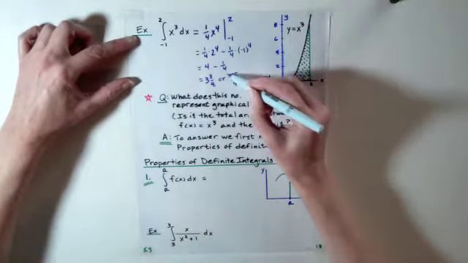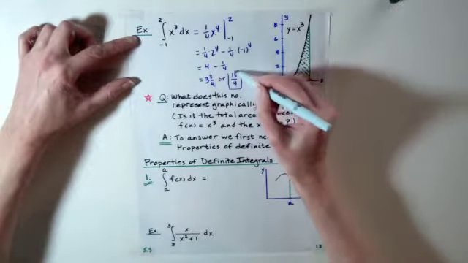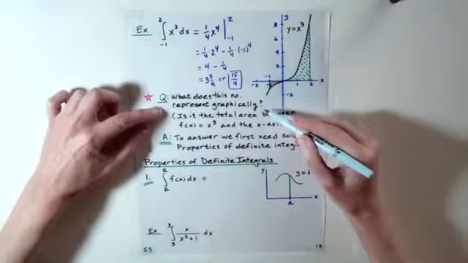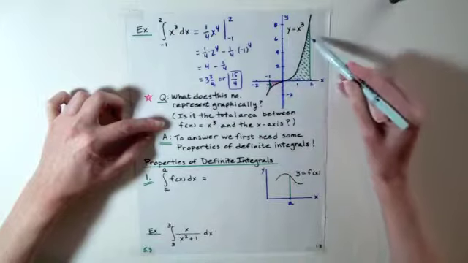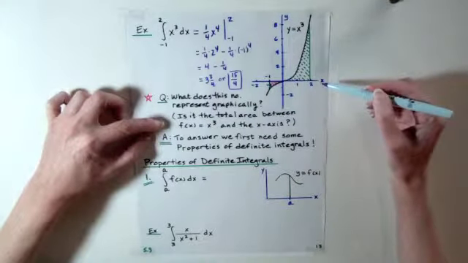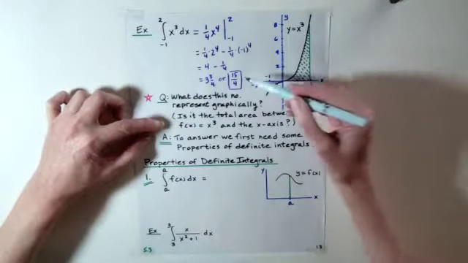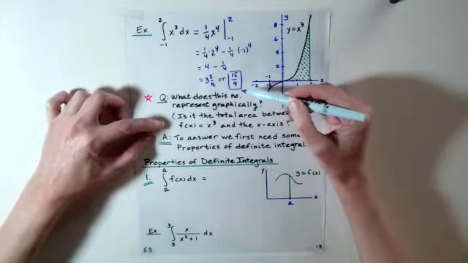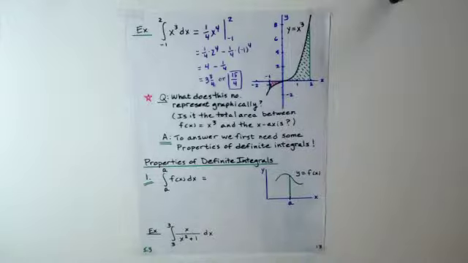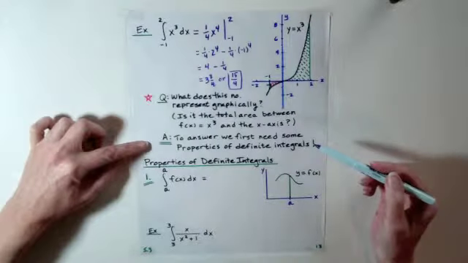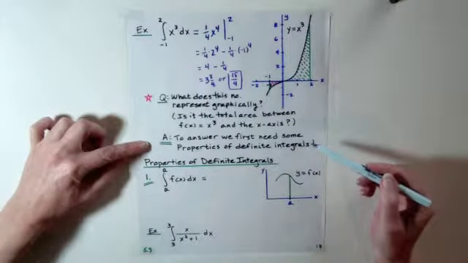But the question is, what does this number represent graphically? And I put in parentheses, is it the total area between our black curve and the x-axis? So we don't know. We get the number 15/4, but is that this total area? We're not sure, and that's what we want to answer. Now, notice here when I put my answer, it isn't really an answer.